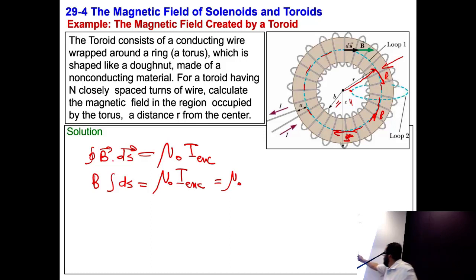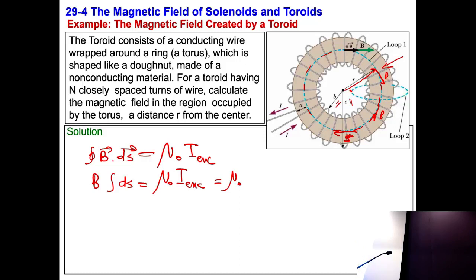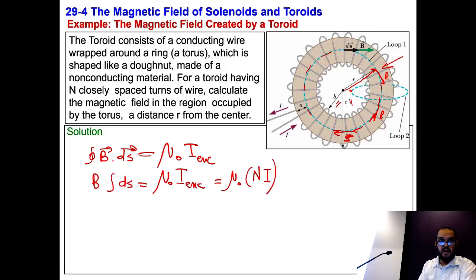So here we have N wires all around, and each one of them is conducting the current I. So how much is the current enclosed in this loop? N times I.